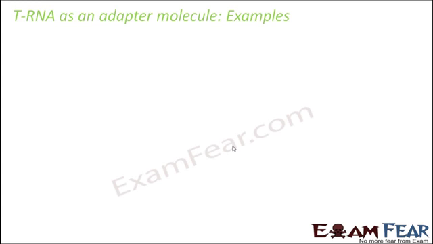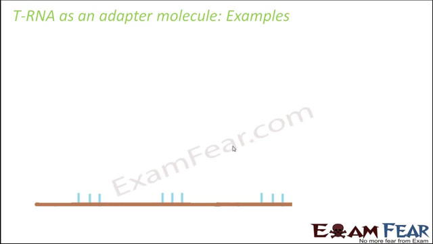So let us look at some examples of tRNA as an adapter molecule. Let us suppose this is mRNA, and the sequence of bases on mRNA is something like this: AUG, UAC, UUU.